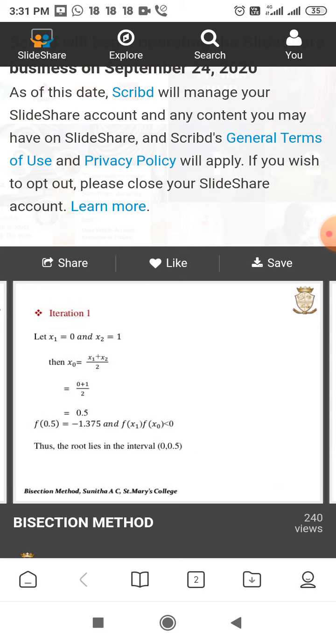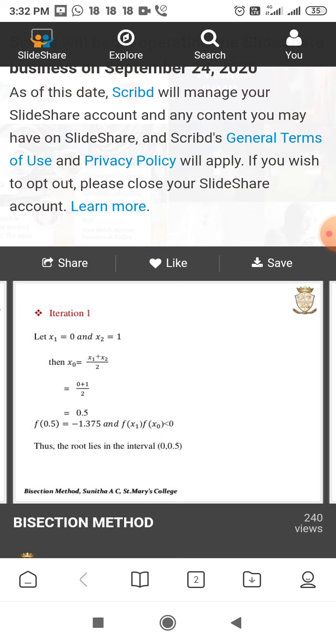So in the first iteration, x1 is equal to 0, x2 is equal to 1. Taking the mid value, x0 is equal to (0 + 1)/2, that is 0.5. Putting 0.5 in the expression gives a negative value, while f(0) has a positive value and f(0.5) has a negative value.